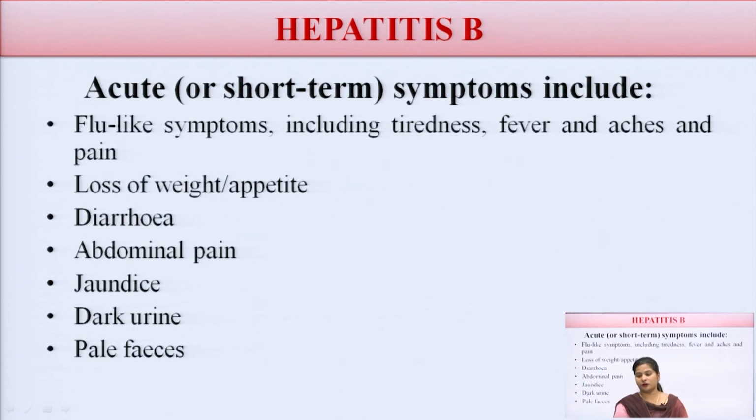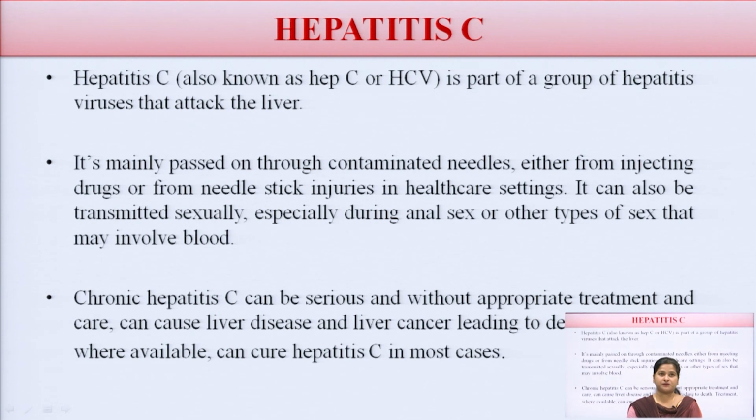Now if we talk about the symptoms, just like hepatitis A, it is flu-like symptoms including tiredness, fever, aches and pain, loss of appetite, loss of weight, abdominal pain, diarrhea, jaundice, dark urine or pale or yellow colored stools.